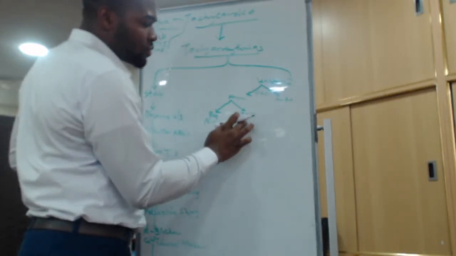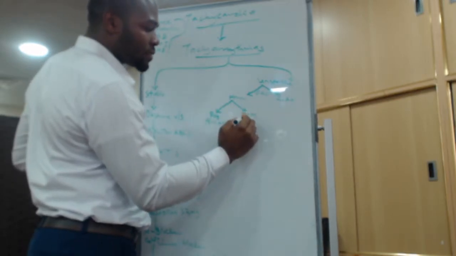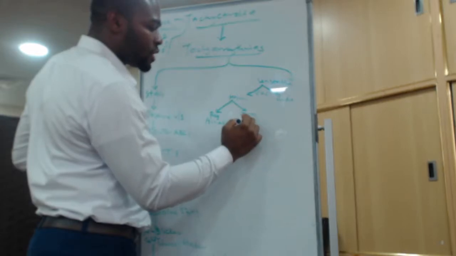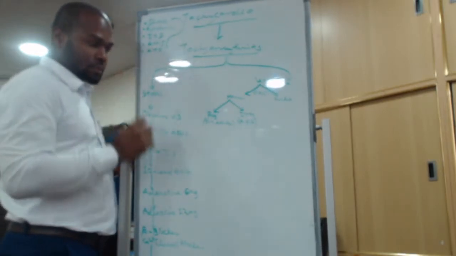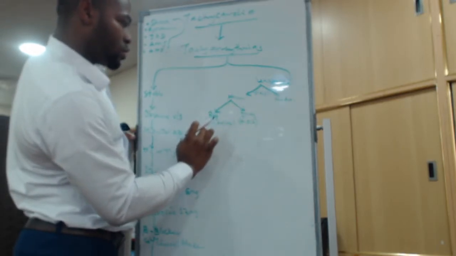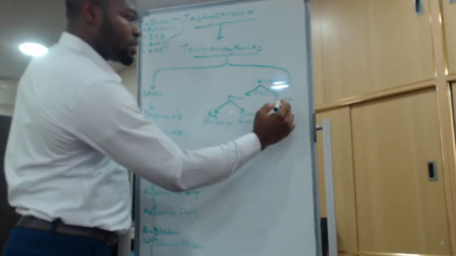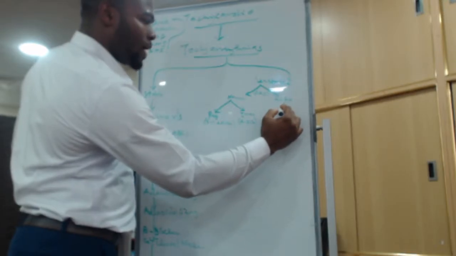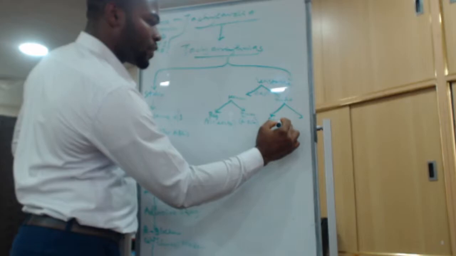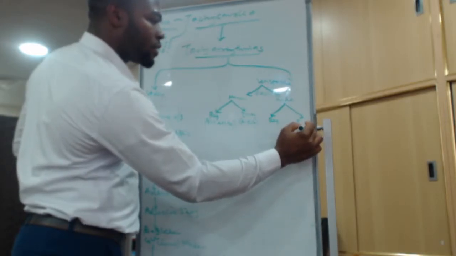What are the examples of irregular narrow complexes? Atrial fibrillation, AFib. Now, let's do it this way. Okay. Similarly, if the patient is having a wide complex, you want to find out, is it regular or irregular?